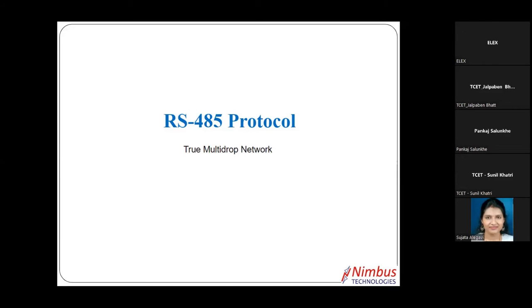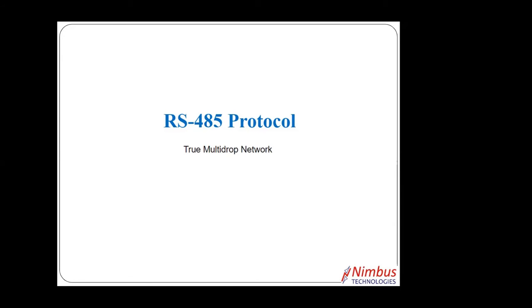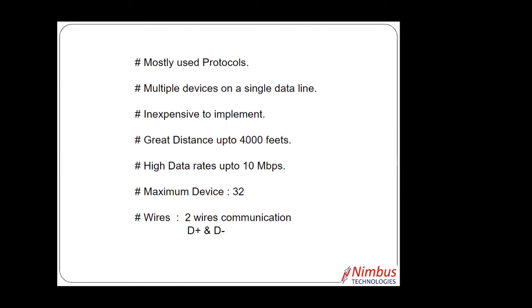The next one is the RS485 protocol. It is also called a 2-wire protocol, and it is used up to a distance of 4,000 feet. It has a data rate of 10 Mbps, and a maximum of 32 devices you can connect on a single 2-wire line.